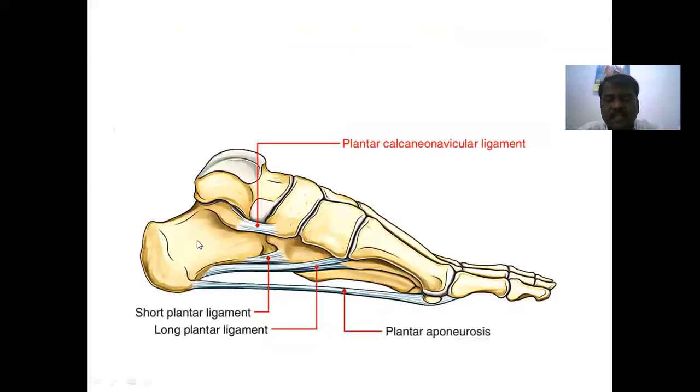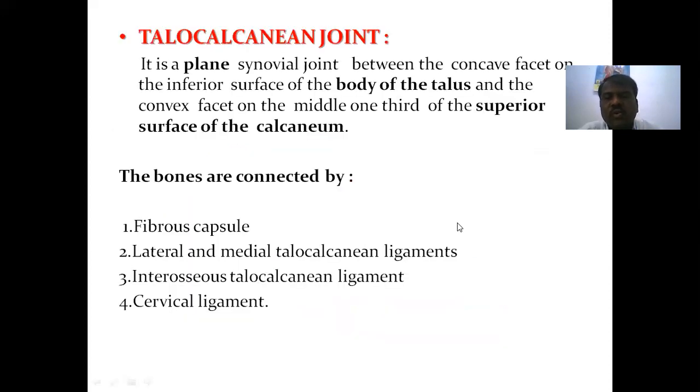See here, this is the calcaneum, this is the talus, this is the navicular bone. So the talus articulates posteriorly with the calcaneum, anteriorly with the calcaneum, and also with the navicular bone. That's why it is called the talocalcaneonavicular joint.